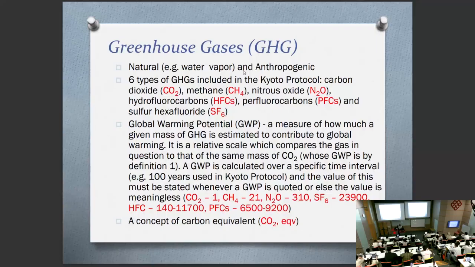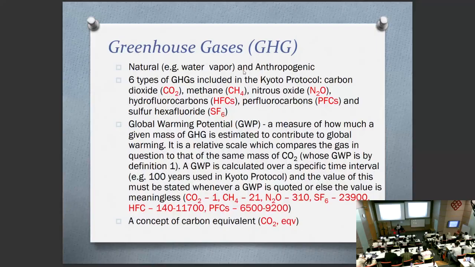It means that the heat trapping ability of carbon dioxide, nitrous oxide and methane, they are different. So releasing the same amount of carbon dioxide to the atmosphere will have a different global warming effect from releasing the same amount of nitrous oxide or methane to the atmosphere.